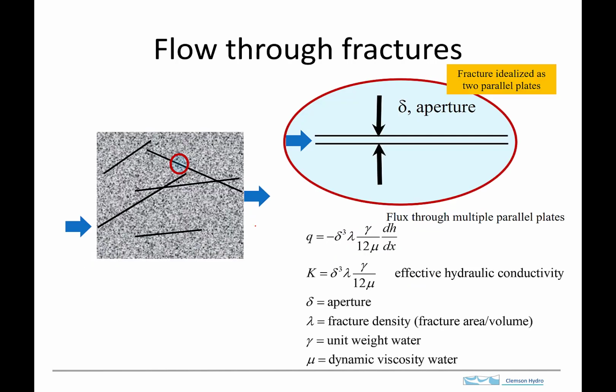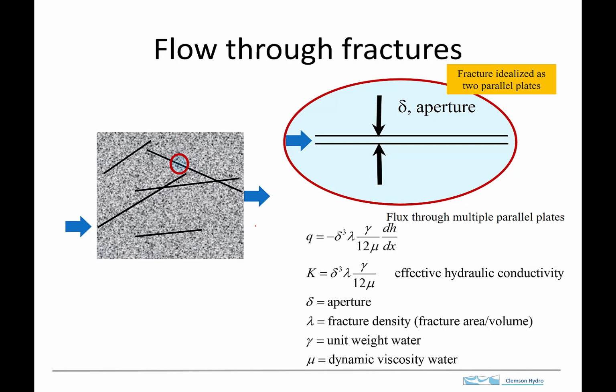Okay, so in order to come up with a way to characterize the flow through fractured rock, we want to make use of this analog of fractures as two parallel plates.